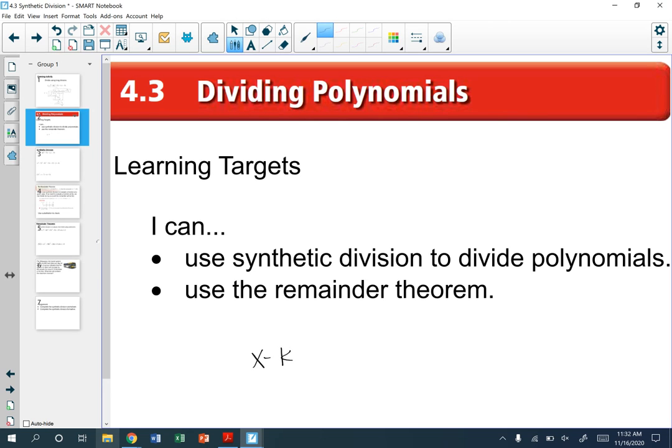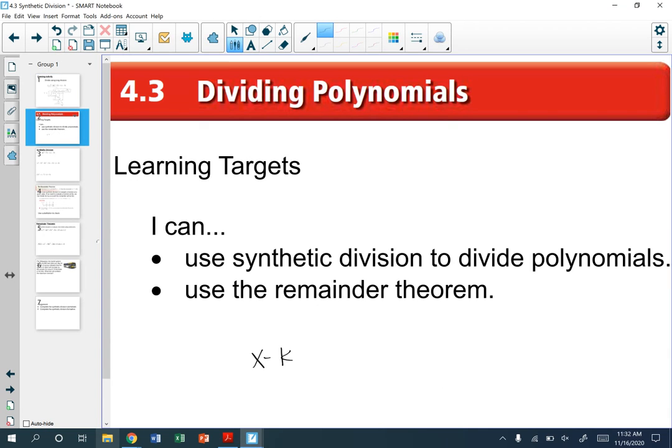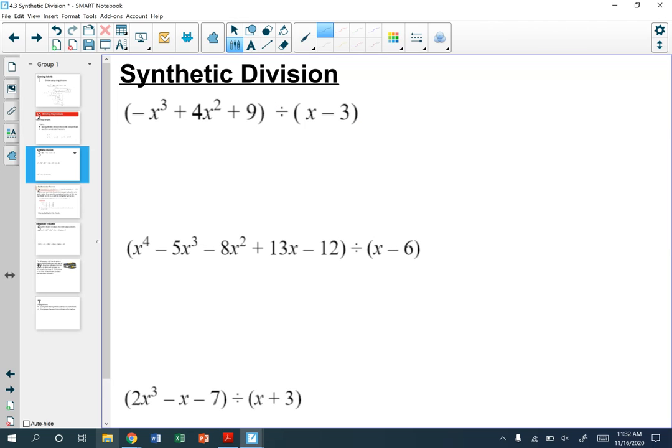So like we saw here, we had x minus 3, which it could also be x plus 3, x minus 5, x minus 7, x plus 14, all of those would work. But our divisor has to be a binomial, that's called.